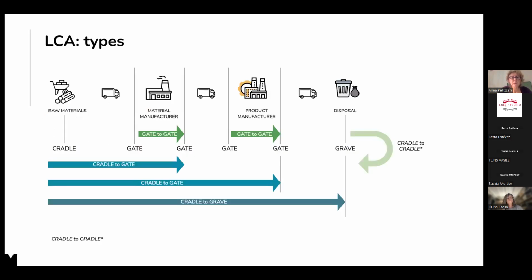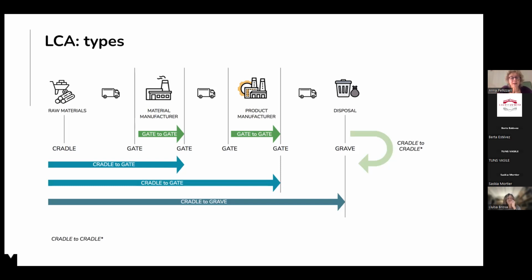So there are several types of LCA, starting from raw materials up to disposal. In the life of a product, we have several steps. There is a very long supply chain, even for a material.